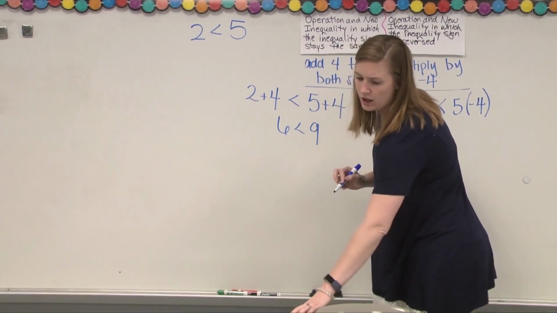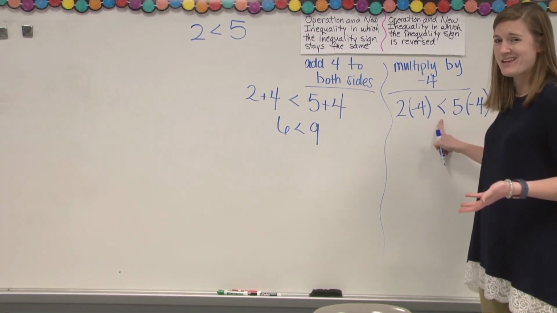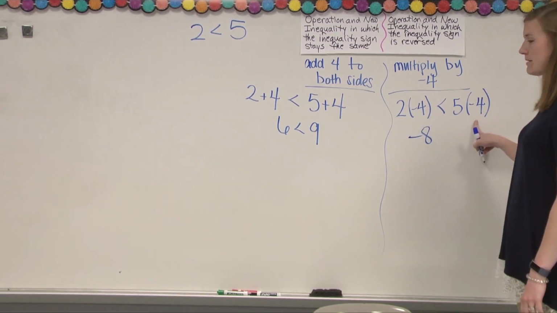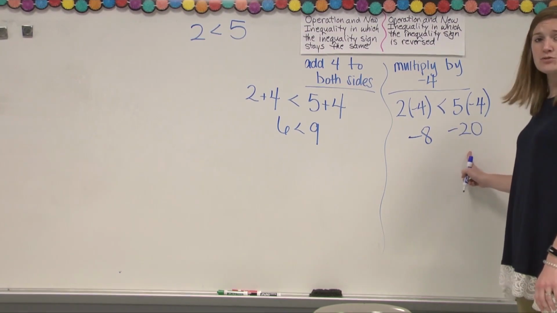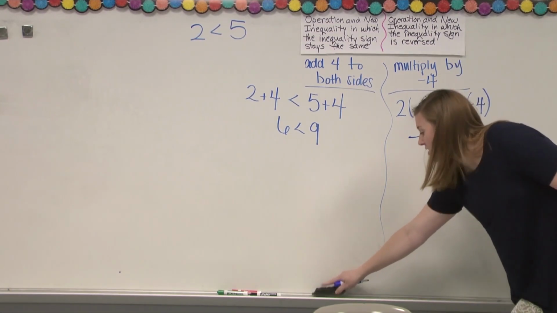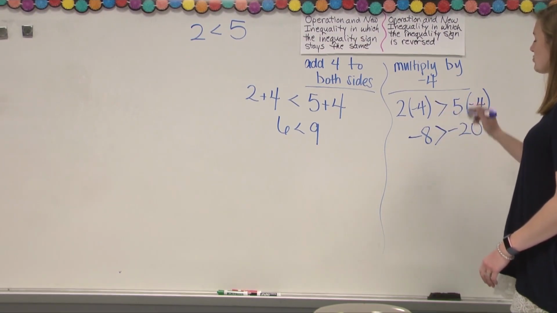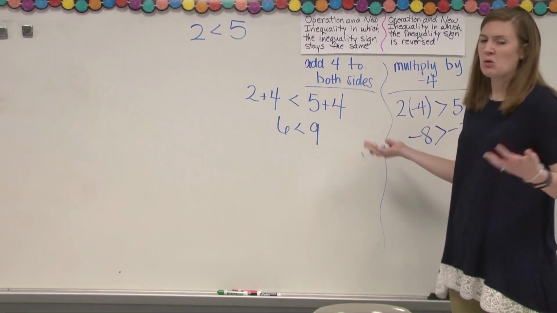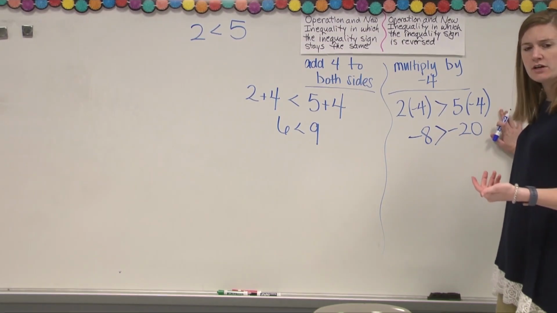Okay, so we have the less than symbol from where we started out, but let's think about that for a second. 2 times -4 is -8, and 5 times -4 is -20. Is -8 less than -20? No, -8 is greater than -20. So that inequality symbol actually gets reversed because we multiplied by -4. So when we added 4, the inequality sign stayed the same. When we multiplied by -4, the inequality sign reversed.